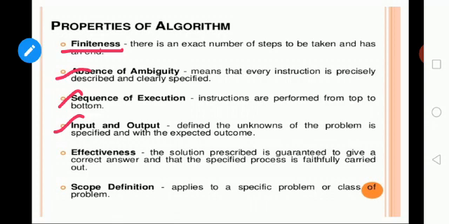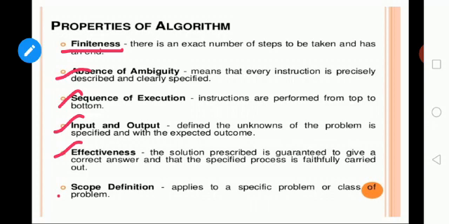If any problem is given, what input we are getting is considered as unknown, and the expected outcome, that is the result, will be produced. Then effectiveness: the solution prescribed is guaranteed to give a correct answer and the specified process is faithfully carried out. So, whatever problem is given, it will be executed and the proper outcome will be given effectively.